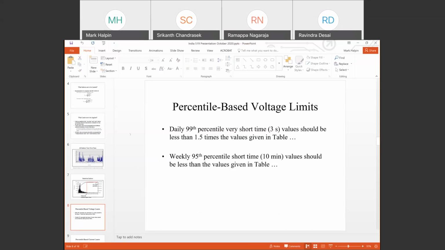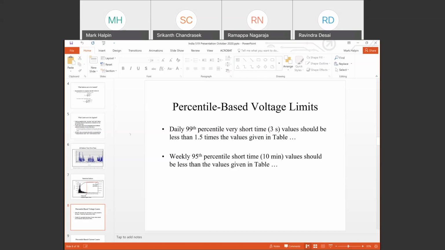A 99th percentile number evaluated over 1 day is obviously not a steady state condition; that's almost an exception, so we allow a little bit more room. When we evaluate harmonic content over a week, the conditions present are sustained conditions that approach more steady state behavior, and so we don't allow any more margin. There is no multiplier. So that's what we recommend for voltage.